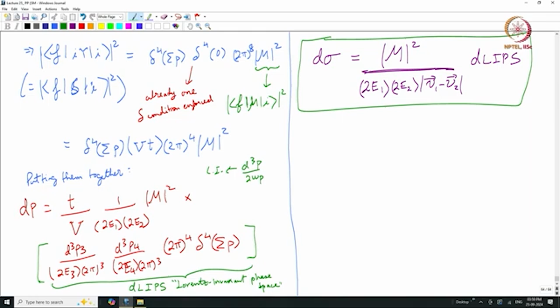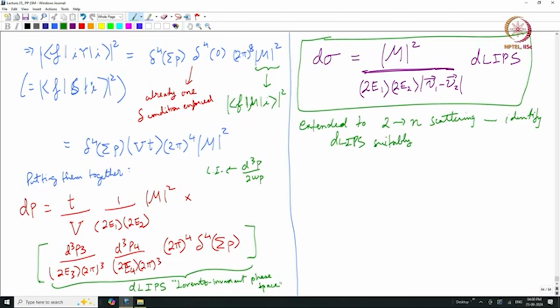Now this can be easily extended to 2 to n scattering. How? Just identify D-lips correctly, suitably.